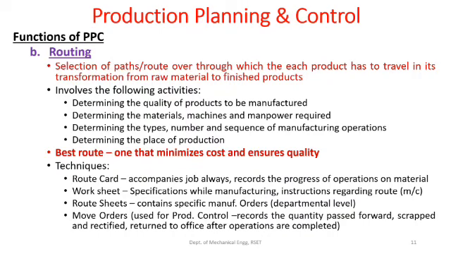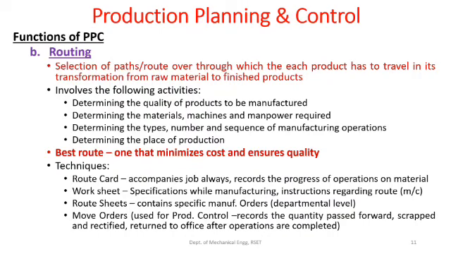That depends upon the quality of products required. So you have to determine the type, the sequence, and the number of manufacturing operations required to produce the product. And also in routing you determine the place, which specific machine is used for carrying out that particular operation. So you determine the place of production as well in the routing process.